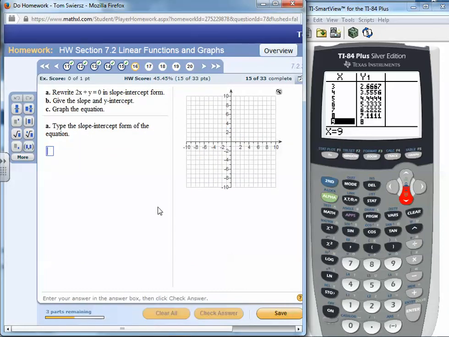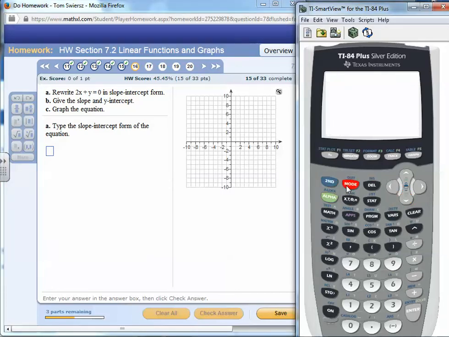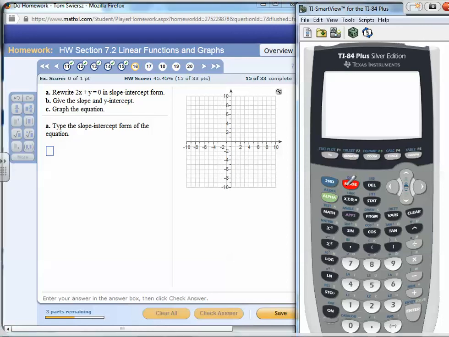Homework exercise number 16. Rewrite 2x plus y equals 0 in slope-intercept form. Give the slope and the y-intercept, and graph the equation. So 2x plus y equals 0. Slope-intercept means we have to solve for y.